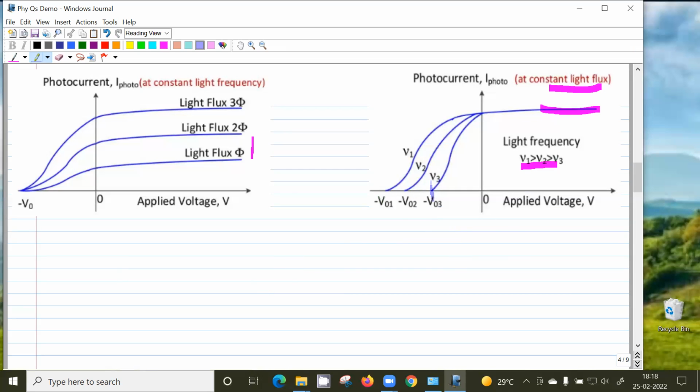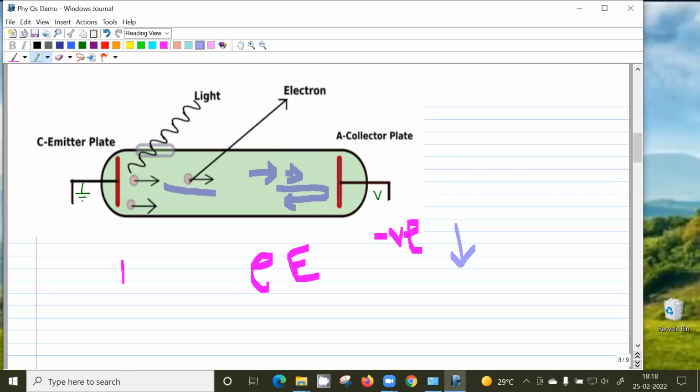So this stopping potential is here. Actually this nu1 is higher frequency, the frequency of a photon. So a higher frequency photon will give higher initial energy to the electron. So it's difficult to stop this one. To stop this higher energy electron, you need a larger negative voltage.